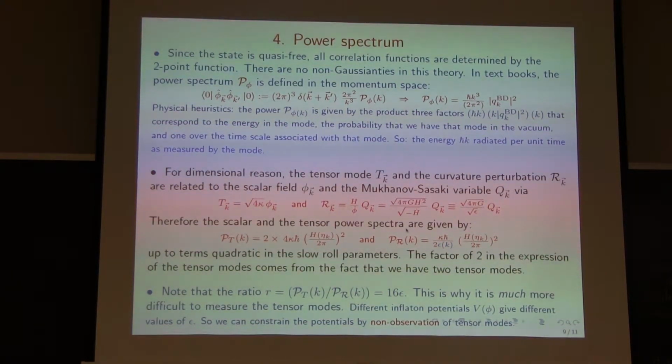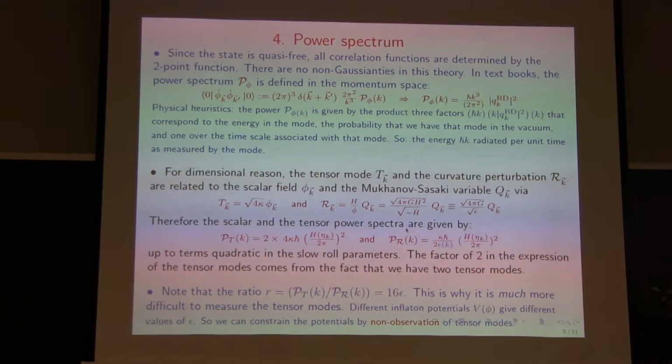Now, the point is the following. Physically, this is called the power spectrum for this reason. I can break this up into three trivial parts: h bar k, times this, times k. This k cubed has been divided into three parts, and each has a physical meaning. h bar k, as you all know, is the energy contained in that mode.